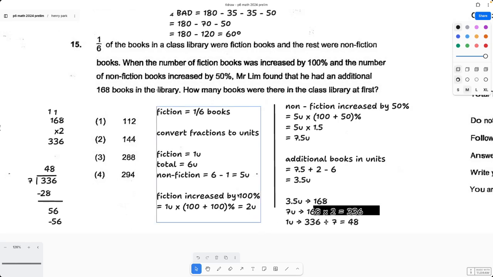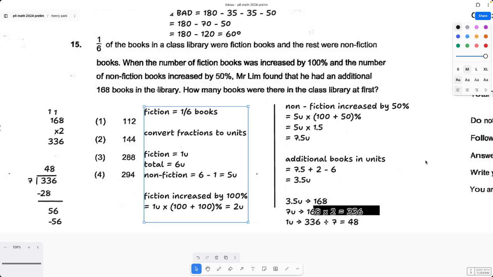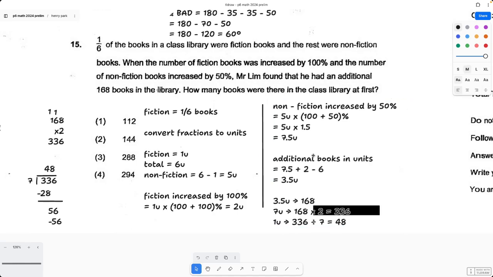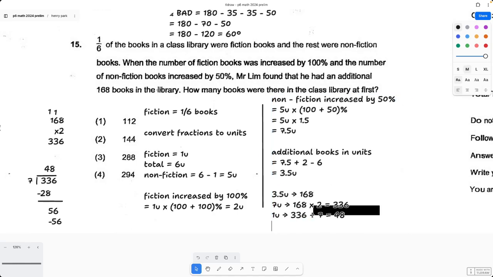All right. Is there enough space? Then after that, we want to get 6 units. So let's put 6 units is equal to 6 times 48. And what would this give us? I'll just do 48 times 6.